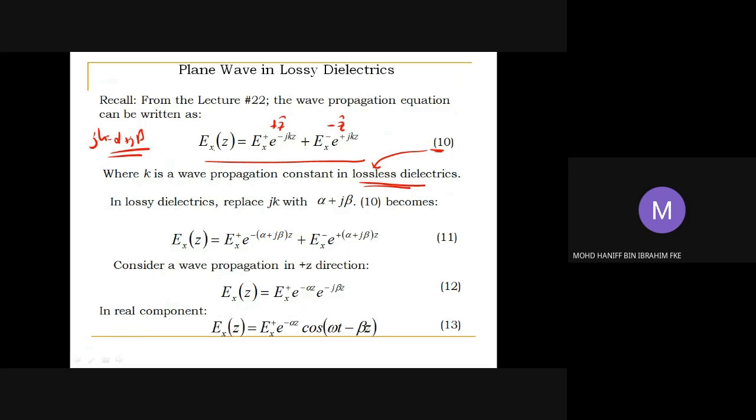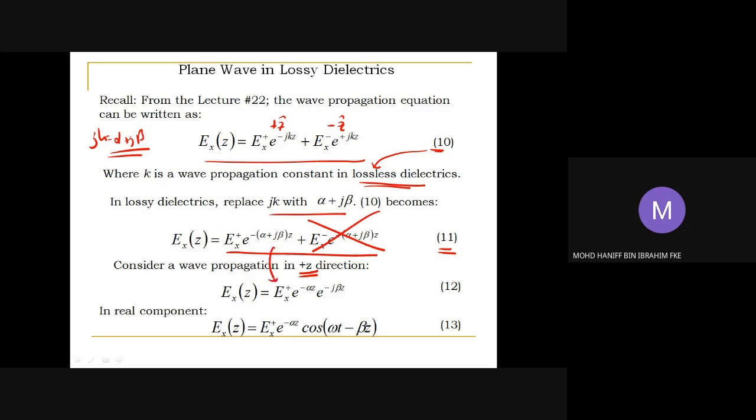So we need to substitute jk as alpha plus j beta in equation number 10, and we have obtained Ex(z) as in equation number 11, which consists of Ex positive e to the negative alpha plus j beta z, plus Ex negative e to the positive alpha plus j beta z, by simply replacing jk with alpha plus j beta. Okay, so now we only consider the wave propagating in the positive z direction. So I can cancel out the wave in the negative z direction. So I just consider this equation here.